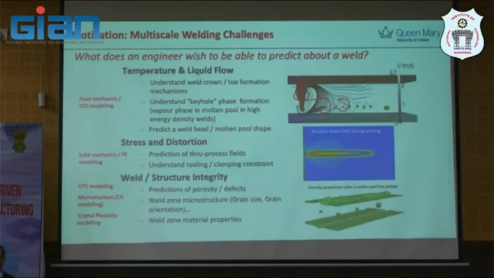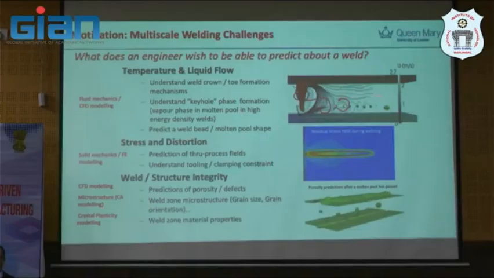Understand the keyhole phase formation, what is the vapor phase in the molten pool at high energy density weld or AM. Predict the bead and the melt pool shape. More than that, we will get the thermal history, the surface roughness, and the porosity as well.